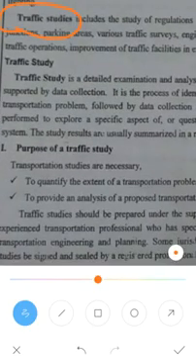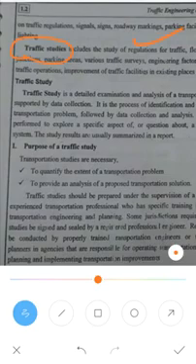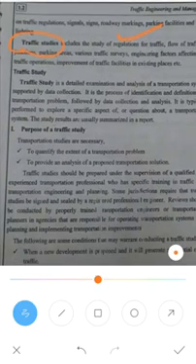Traffic studies are the study of the regulations of traffic, the flow of traffic at the junctions and parking areas, and the various factors affecting traffic operations. What are the different factors affecting traffic operations?